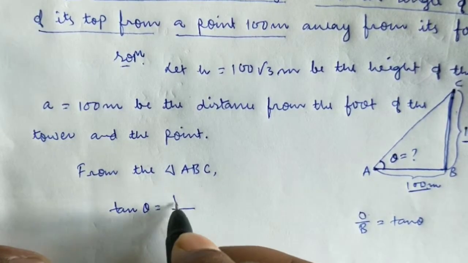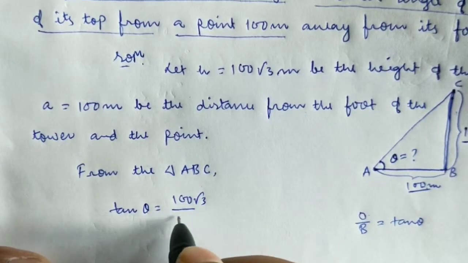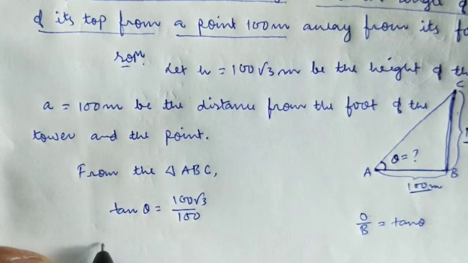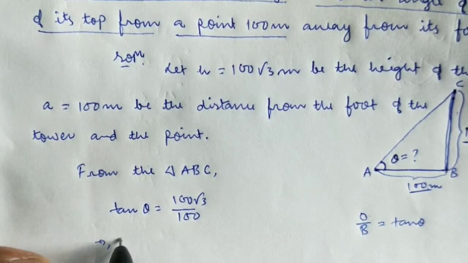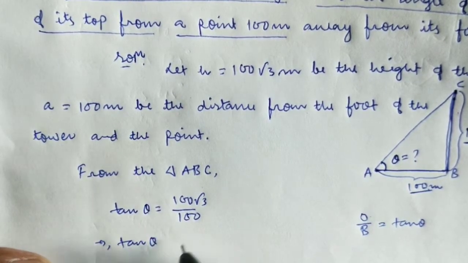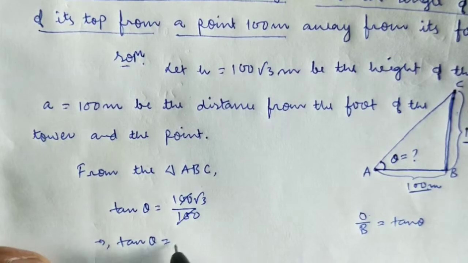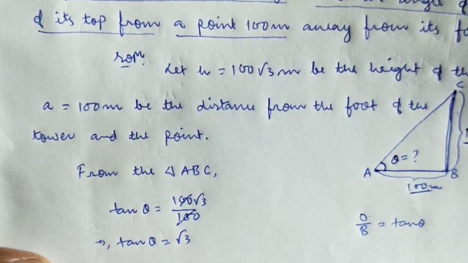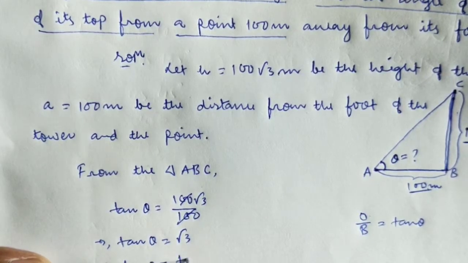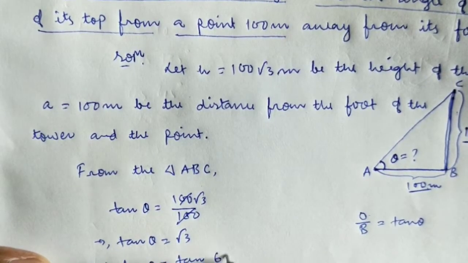So if we find the ratio of trigonometry, opposite side by base is equal to tan theta. So from this triangle we can see here tan theta is equal to 100√3 by 100 meter, since it's opposite side by base. And since on the right hand side 100 by 100 is there, we can cancel this 100 with 100.